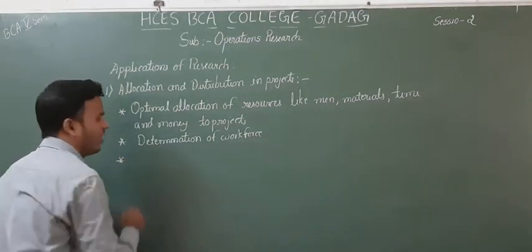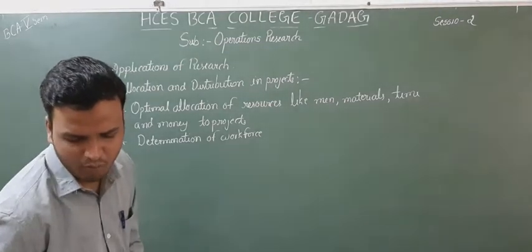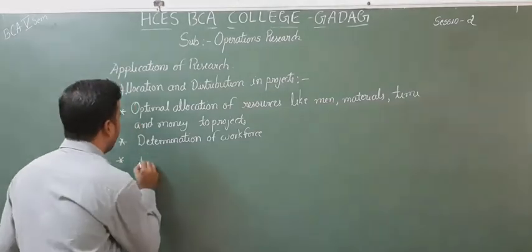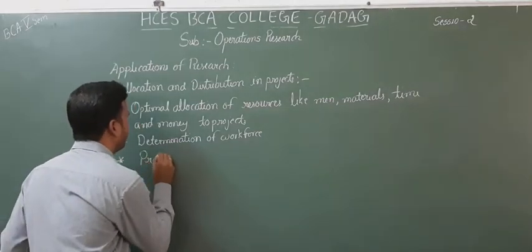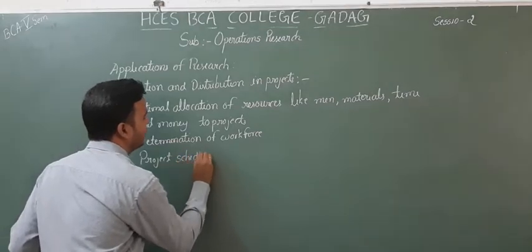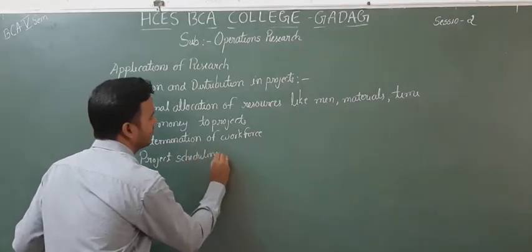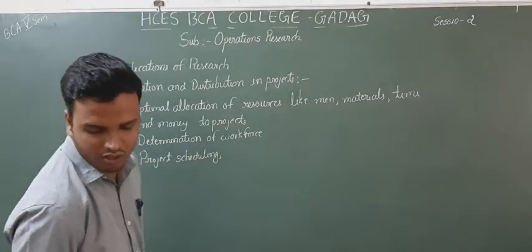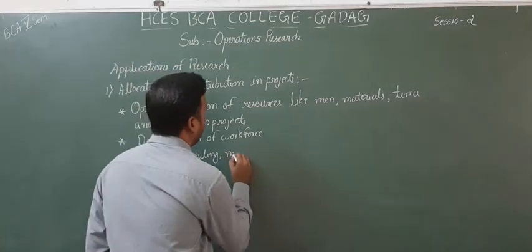The third point in allocation and distribution of projects is project scheduling, monitoring and control.